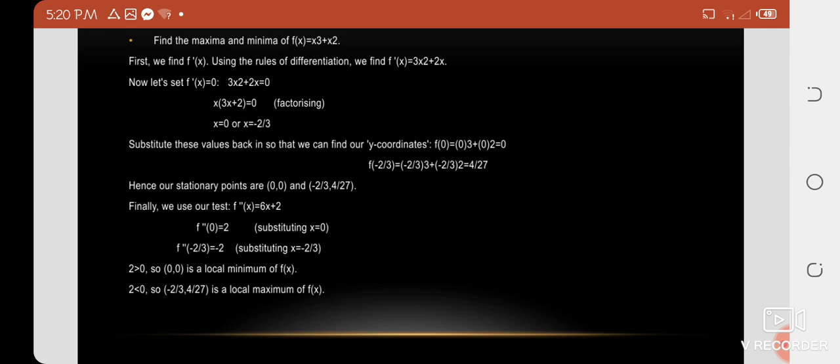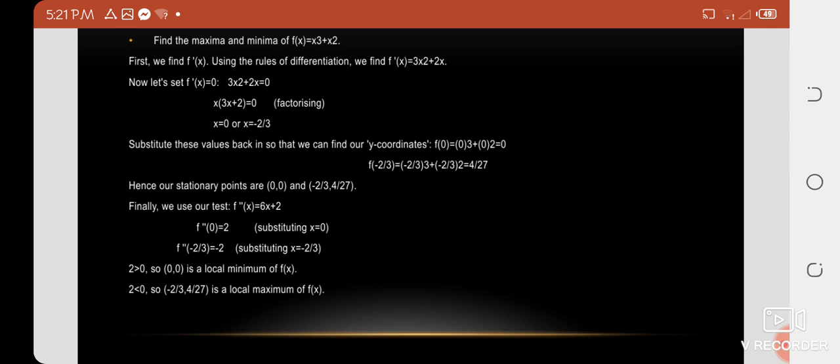Now, let's set f'(x) equal to 0. 3x^2 plus 2x equals 0. x(3x plus 2) equals 0. So, that is the factorizing. So, x is equal to 0 or x is equal to negative 2/3.